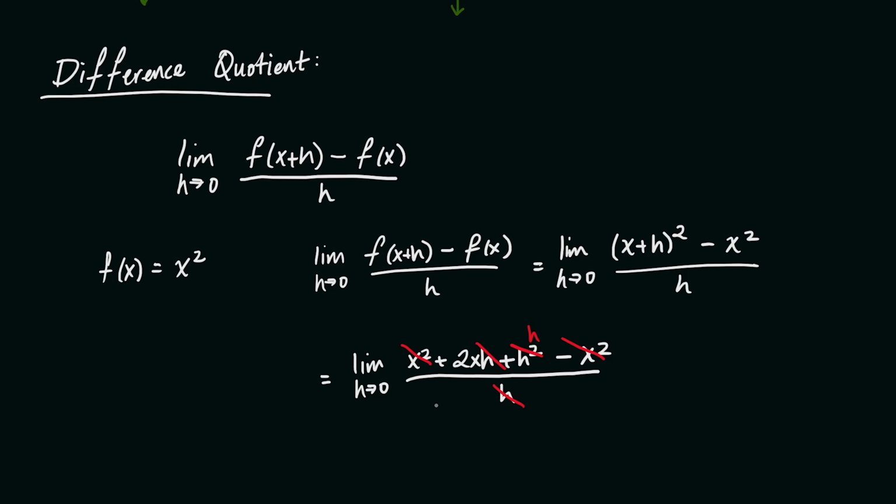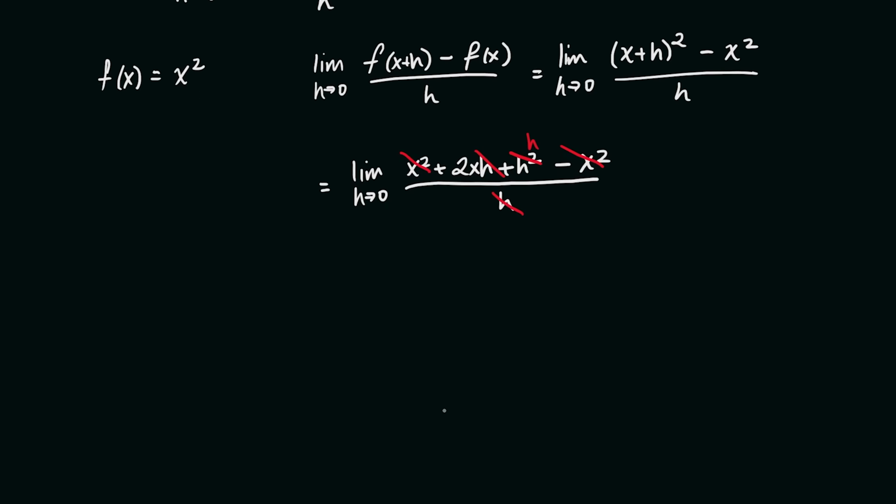And that is going to eventually lead us to equals the limit as h approaching 0 of 2x plus h. And by plugging in h as 0, we find that our derivative, or our instantaneous rate of change function, for all points is 2x.